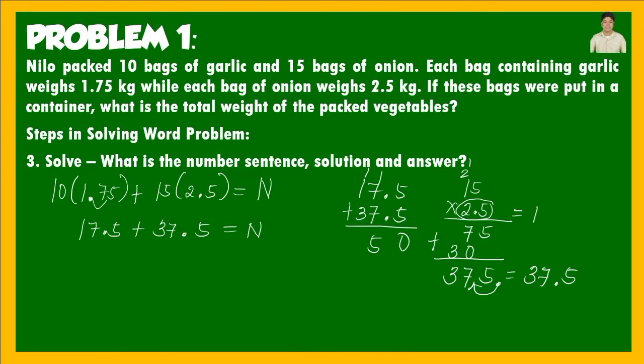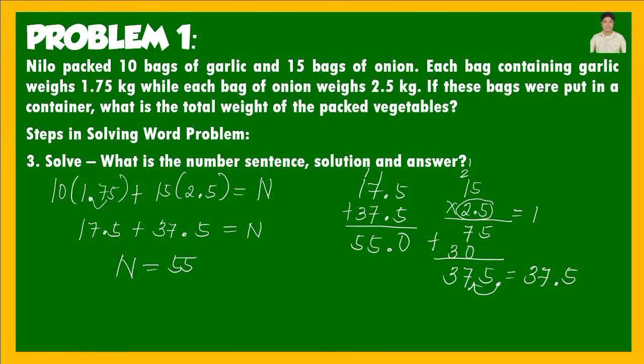Plus 1, 5. And then, yung ating decimal point is i-align lang po natin, itatapat po natin dito sa ibaba. Ayan. So, yung final answer natin is 55.0 or just simply 55. So, therefore, n equals 55.